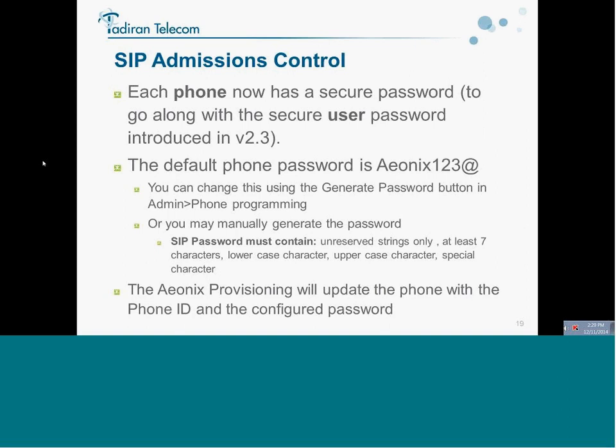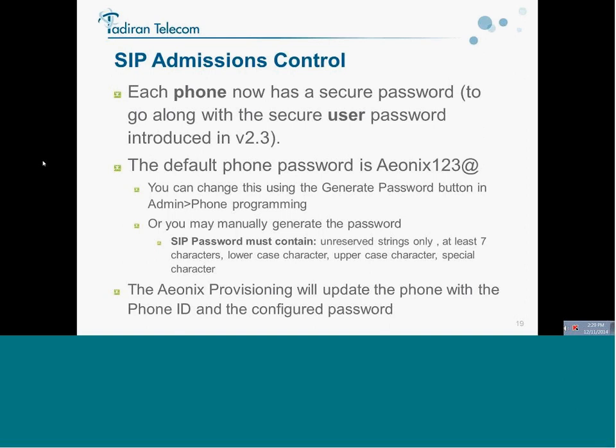In 2.3, we introduced a more secure user password, which, if you remember, was basically composed of the IP address of your server plus exclamation, at, and pound. But at user level, now we've added a new password at the phone level. We didn't really have that before. It's at the phone level, and the default phone password is Aeonix 123 at.